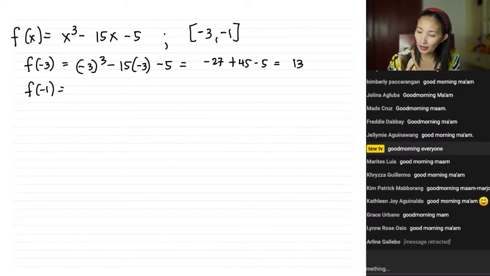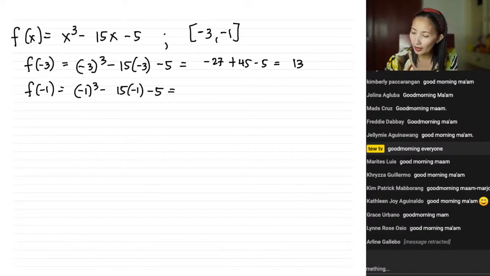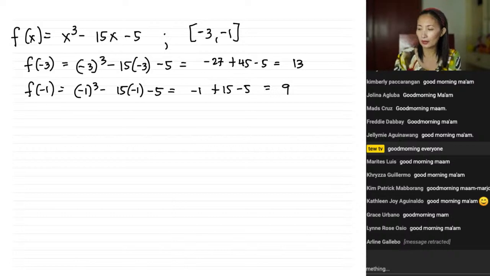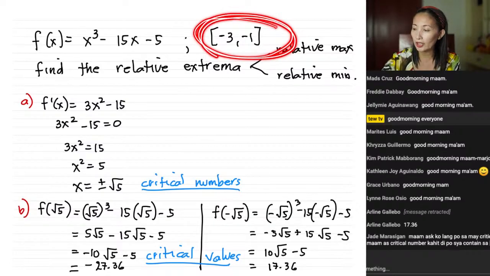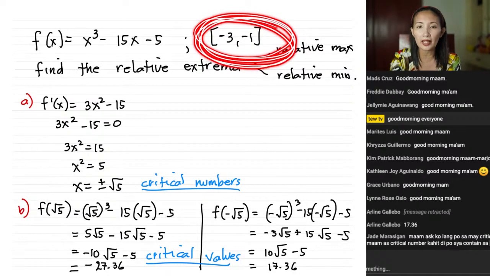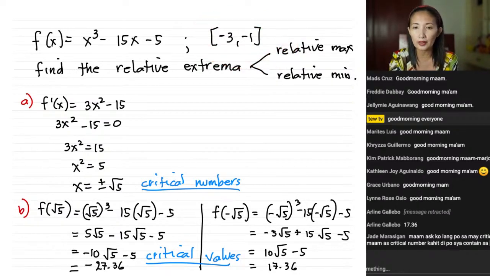How about f of negative 1? That will be negative 1 cubed minus 15 times negative 1 minus 5, which is negative 1 plus 15 minus 5, which is 9. Which among the two critical numbers is contained in the interval negative 3, negative 1?